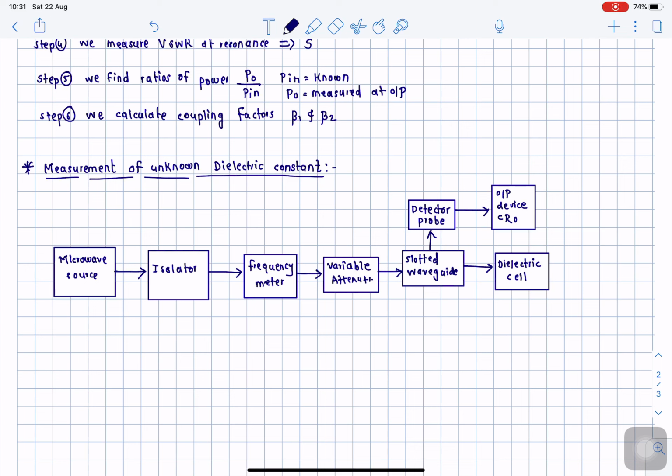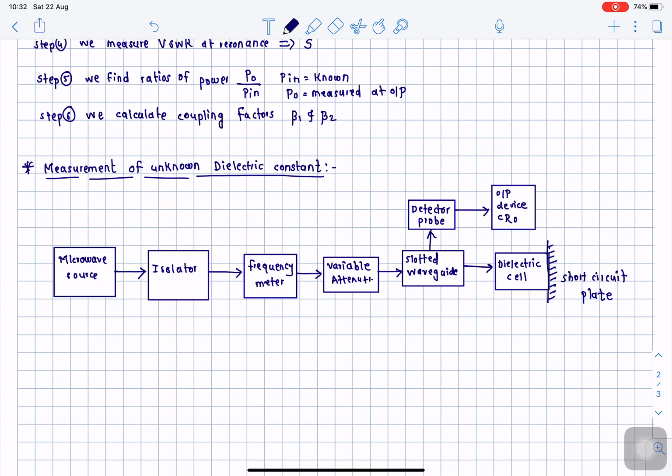Now this dielectric cell is terminated at the end with a short circuit plate. So here at the end we are going to place a short circuit plate. Okay, now this is a typical arrangement of the measurement procedure for the unknown dielectric constant of the sample material.